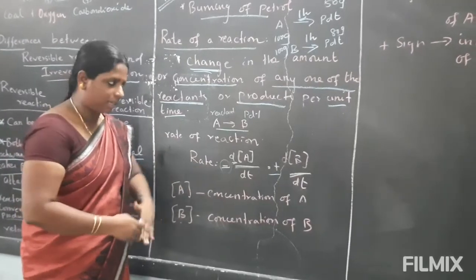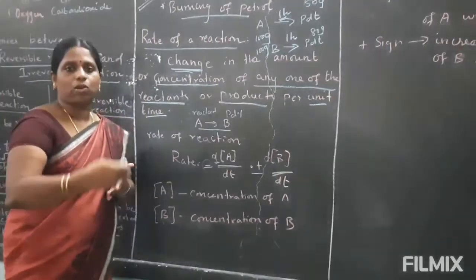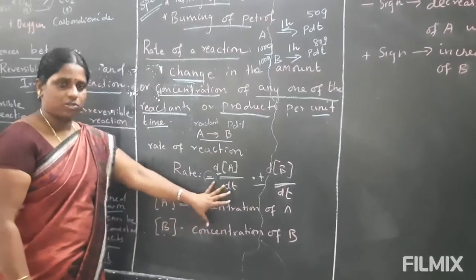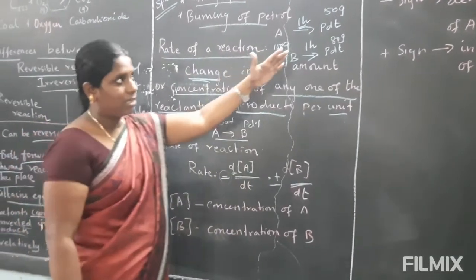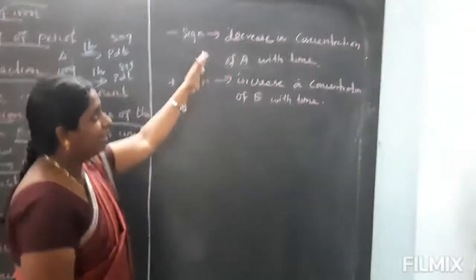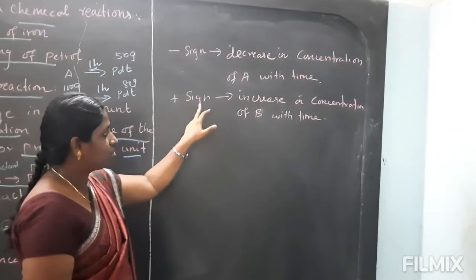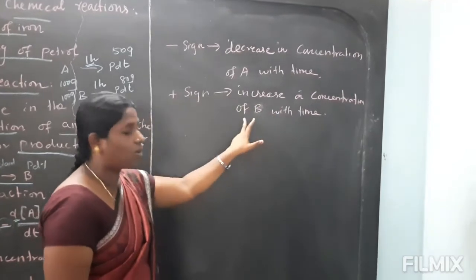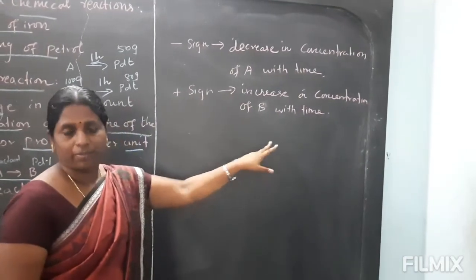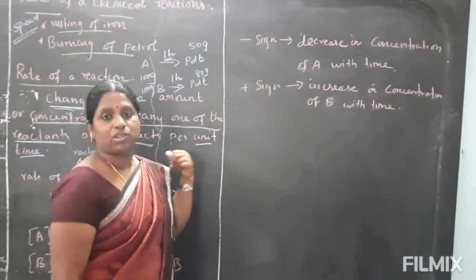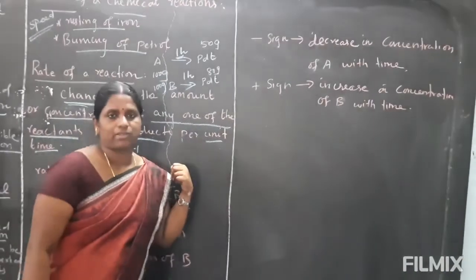Negative means decreasing, positive means increasing concentration. So the minus sign means a decrease in the concentration of A with time, and the positive sign means an increase in the concentration of B with time. That is the expression of the rate of a chemical reaction.